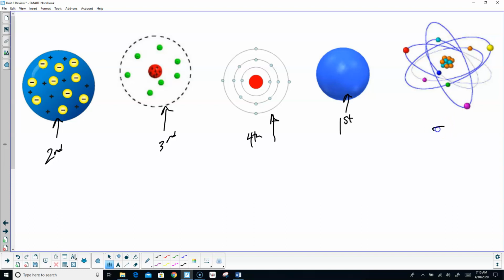And this is our modern atomic theory. Okay, so there's a couple of people that were involved in this. Chadwick was one, Schrodinger is one, Heisenberg's one. But anyway, what's unique about the modern atomic theory? First off, Chadwick discovered the neutron.